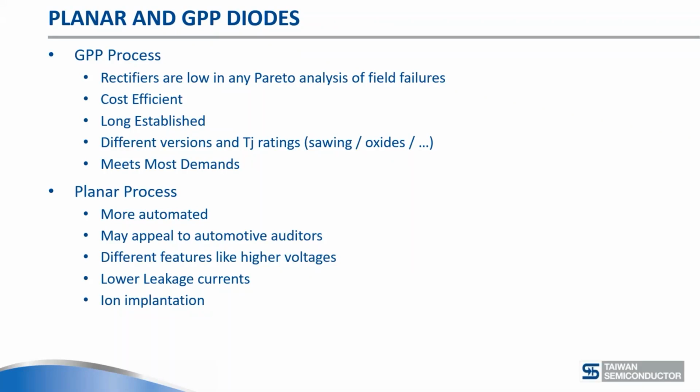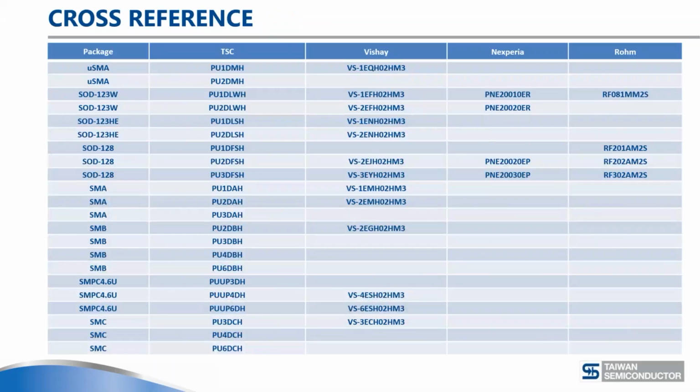And when we say lower leakage current, sometimes a diode is round or soft, when the curve where it breaks down is not so sharp. A planar process is sharper, so it has higher avalanche capability and potentially ion implantation. It makes a difference. So this is the overview of the two different processes.